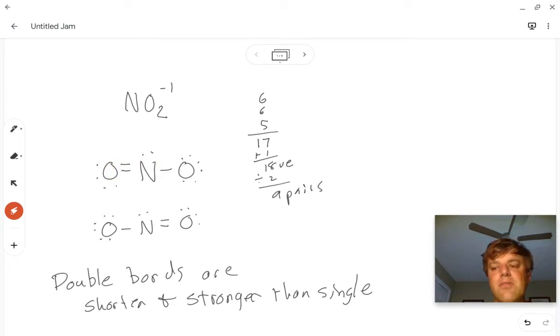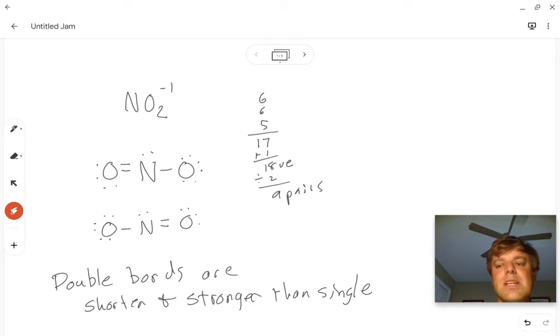Now, scientists have some specialized techniques called spectroscopy, where they're actually able to measure the bond lengths. And when they do, they find that both bonds in this molecule are exactly the same length. And they're pretty much halfway in between the length of a single bond and a double bond, which implies that we don't actually have a double bond in one place and a single bond in another place.